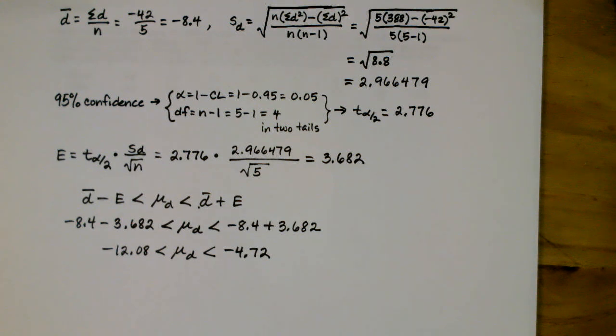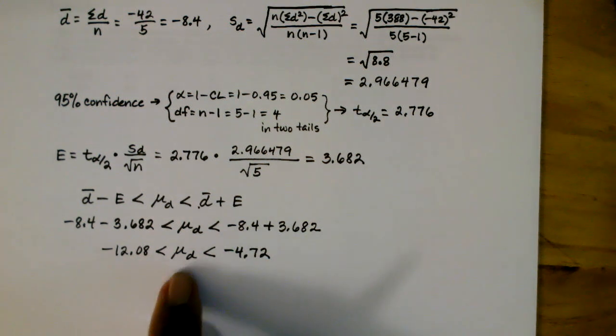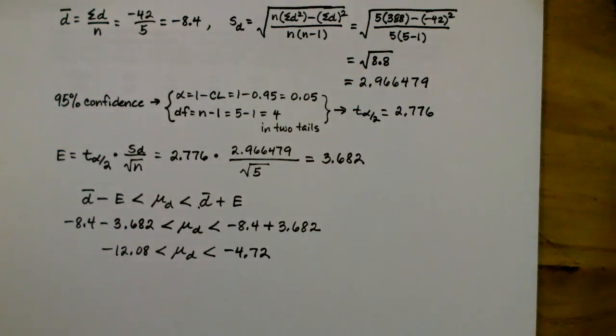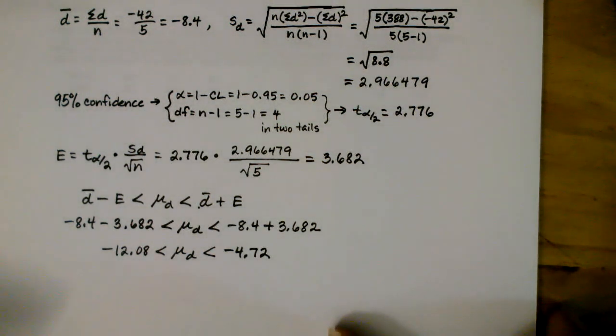And we want to test the claim that when the 13th day of the month falls on a Friday, the number of hospital admissions for motor vehicle crashes are not affected. And in this case, can we say that this is true? We can, because notice that my confidence interval limits do not include 0.